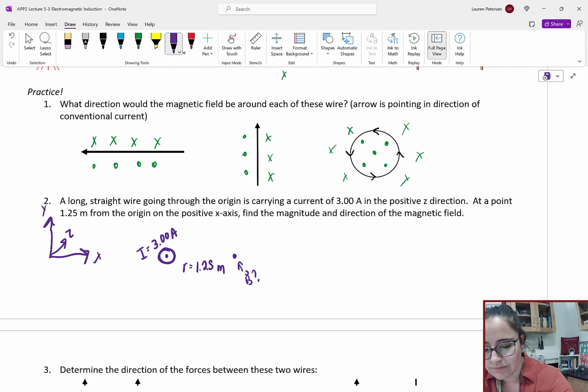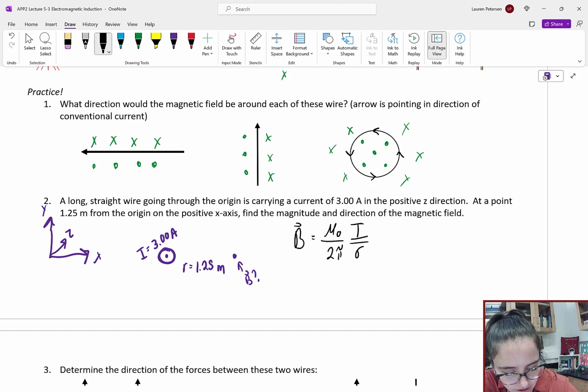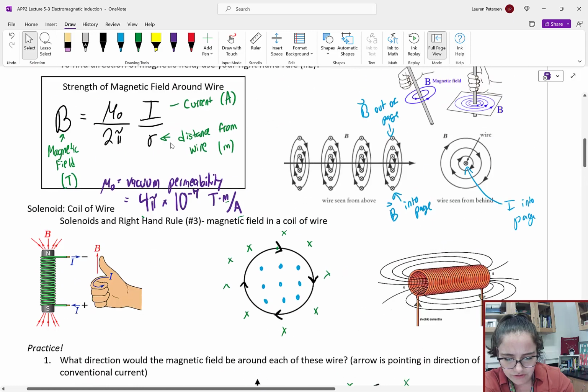The equation is that the magnetic field equals mu naught over 2 pi times I over R. So plugging in our values, we have 4 pi times 10 to the negative 7 Tesla meters per amp. Let's double check those units real quick.